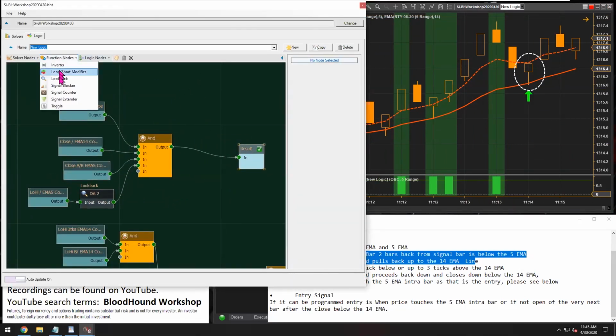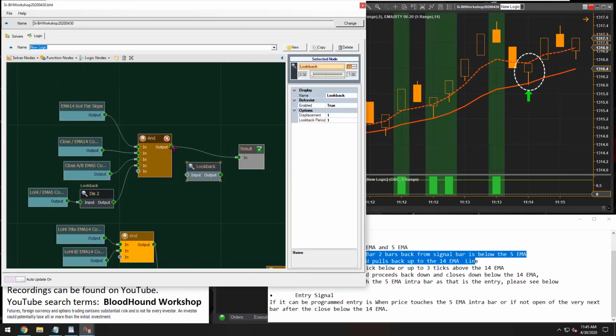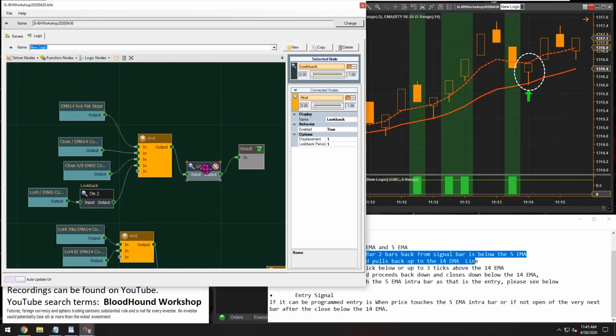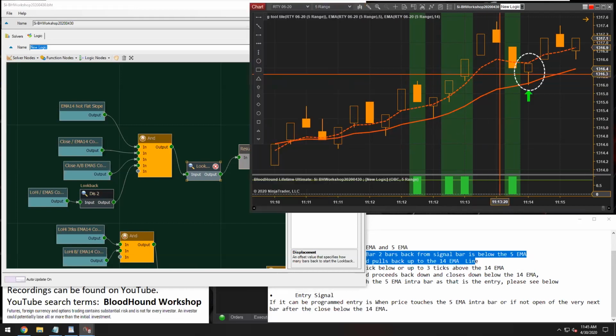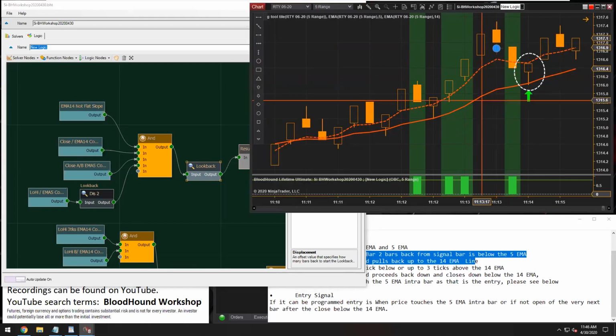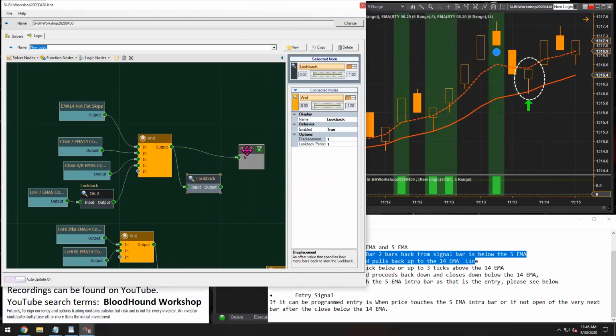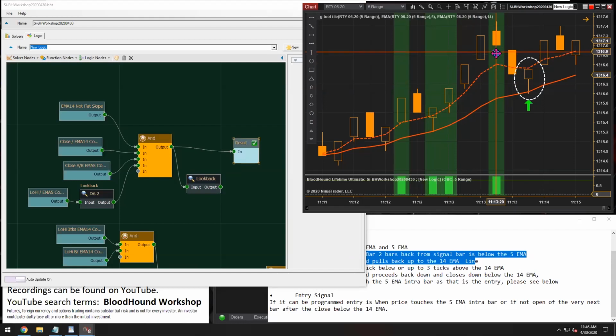So I can take a look back, and all right. So I at least need to displace this by 1 bar. All right. So I took the long signal from there. Right. So I basically took our prerequisite, kind of setup signal.